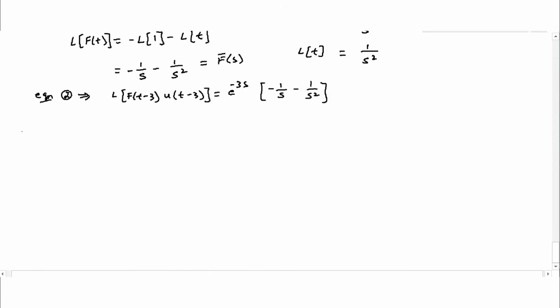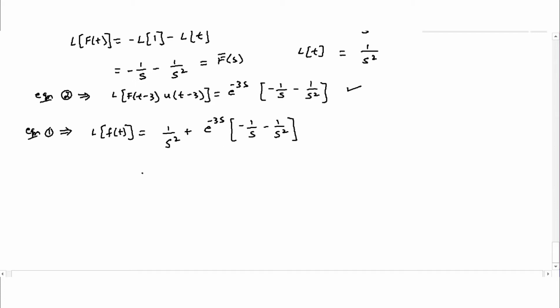So if I plug it back in equation number 1, the Laplace transform of f of t is equal to, I have already obtained the value to be 1 by s square, that is the first term, plus the next term is this particular value itself, which will be e power of minus 3s into minus 1 by s minus 1 by s square.